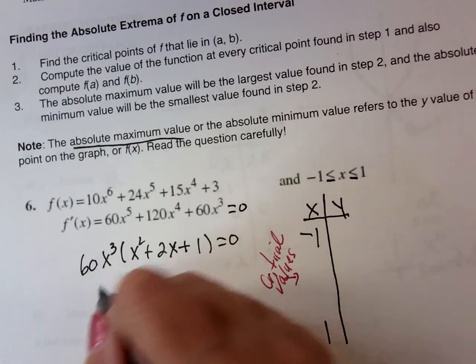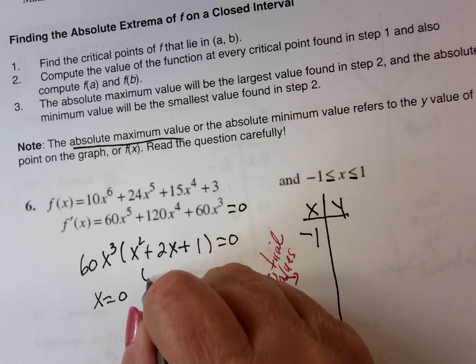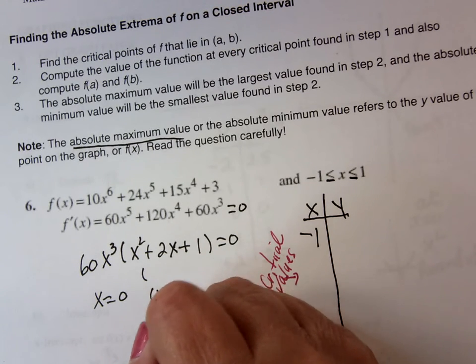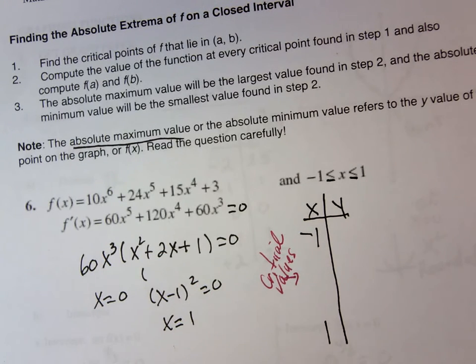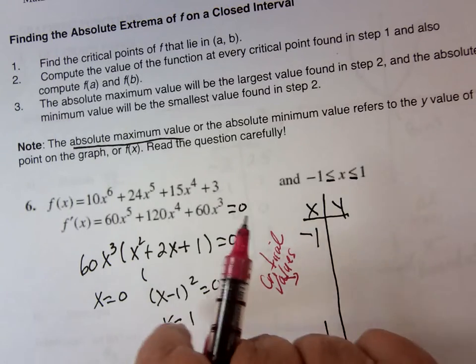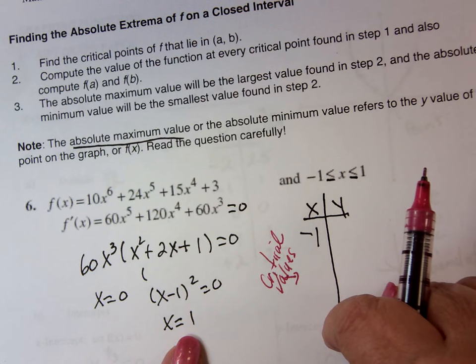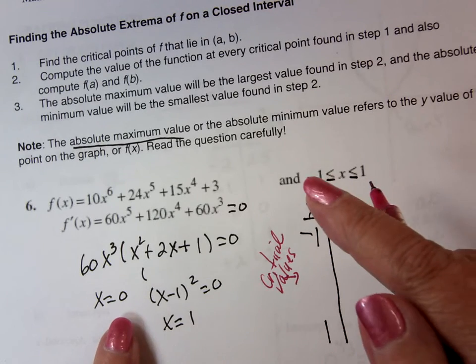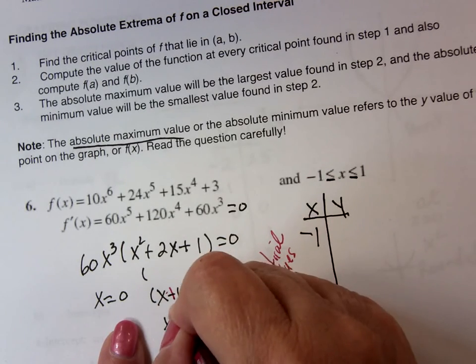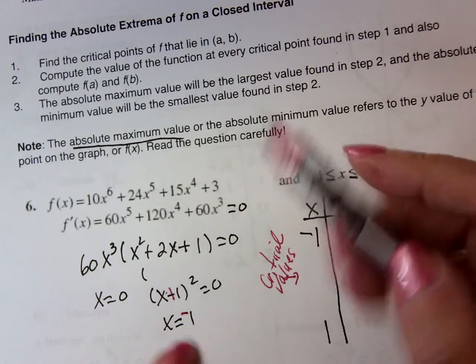And this says that x equals 0, and this is x minus 1 squared equals 0, x equals 1. It's supposed to be x plus 1. Yeah, x plus 1. Oh, that's going to be a -1. Thank you.